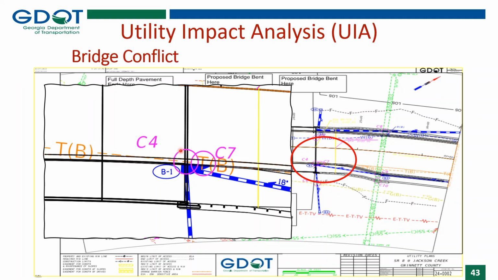One is the bridge bent, and the other is the storm structure. So the bridge bent, which are these double solid lines here, is going to cause a potential conflict with the telecom line, but the catch basin is also going to cause a potential conflict with that telecom. So 2 different symbols are used here for that one utility.